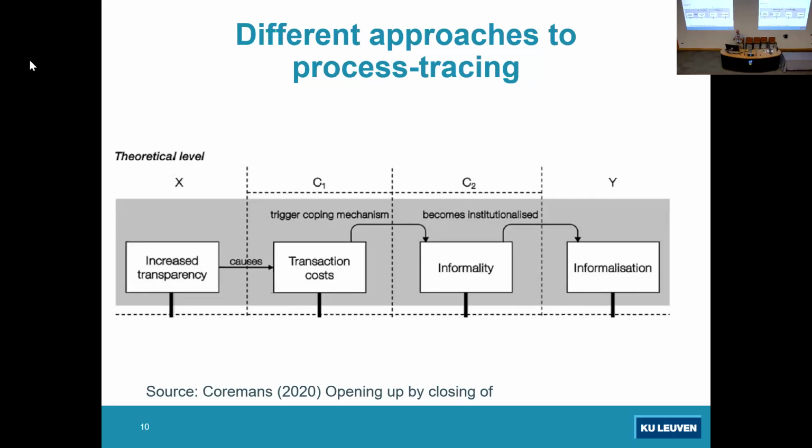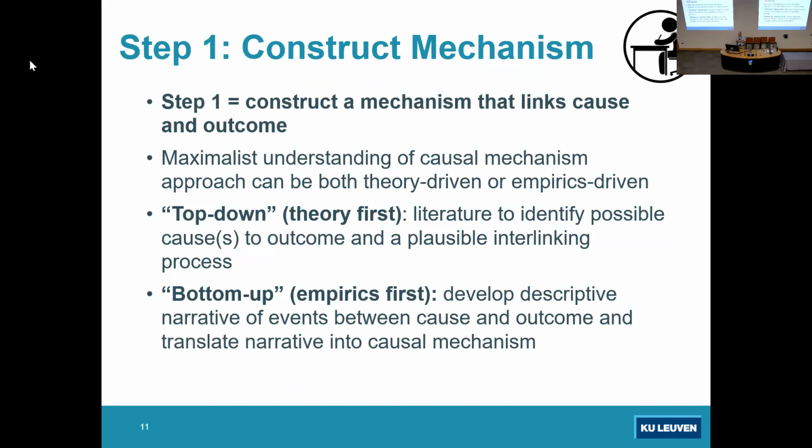Entity engaging in activity. These transaction costs trigger a coping mechanism that leads to informality. The informality becomes institutionalized, which leads to informalization. So it's quite clear how all these different components are linked together. I will come back to this in a minute.